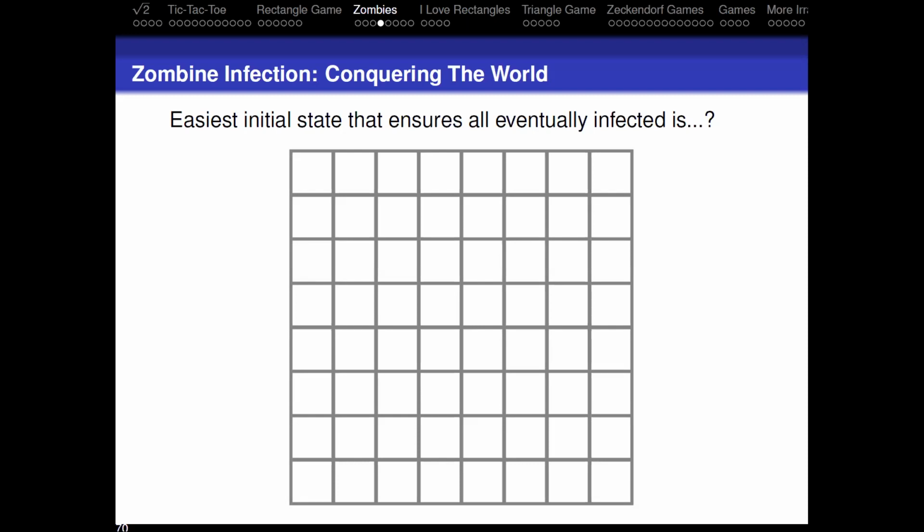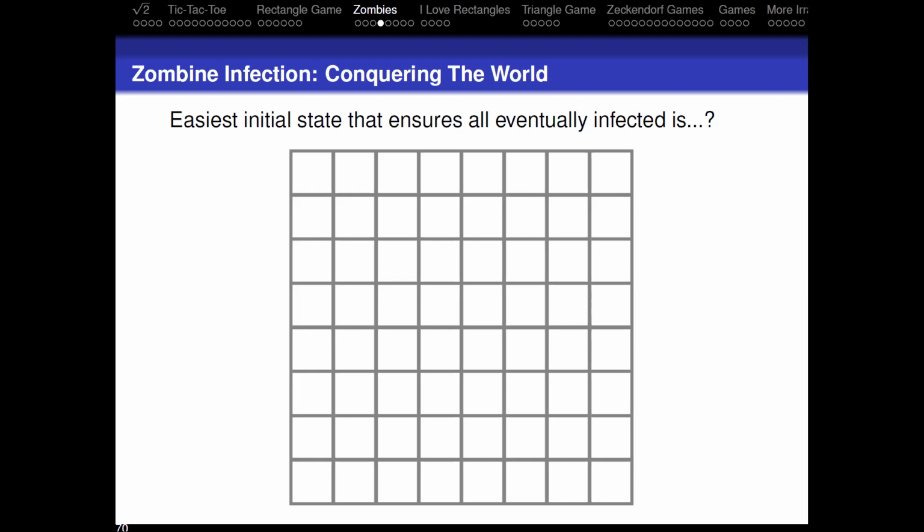What's the simplest configuration that ensures that everybody is eventually infected? The checkerboard is good, but there's something even simpler where you don't have to do that argument.